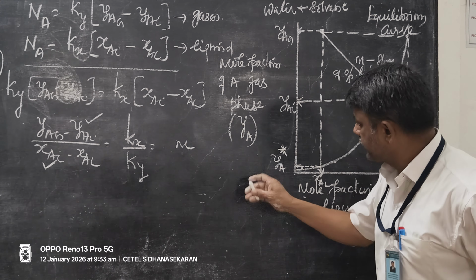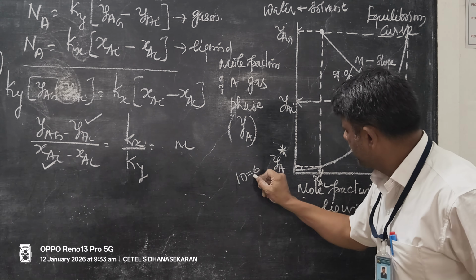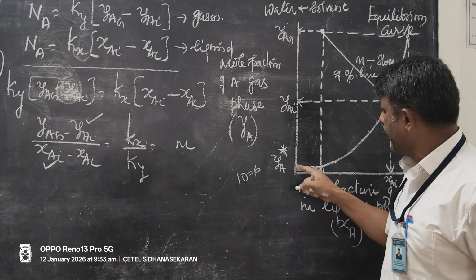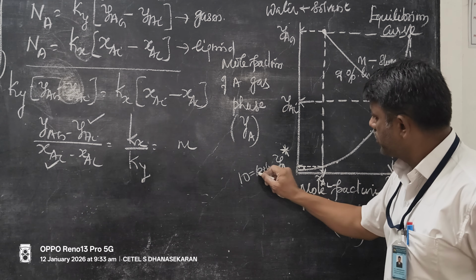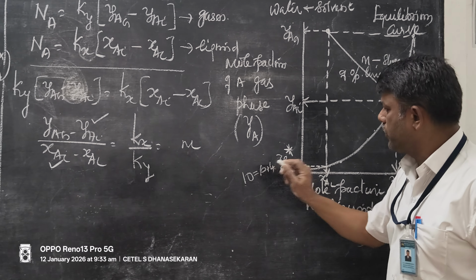This 10 is equal to yAG to yAI, say 6, plus yAI to yA star, which is 4. So 6 plus 4 is equal to 10. Instead of writing yAG to yA star, I am going to write yAG to yAI plus yAI to yA star. This is the equation. Clear?